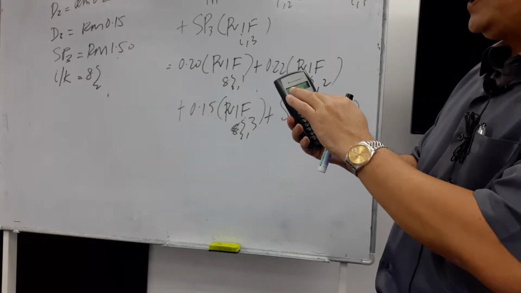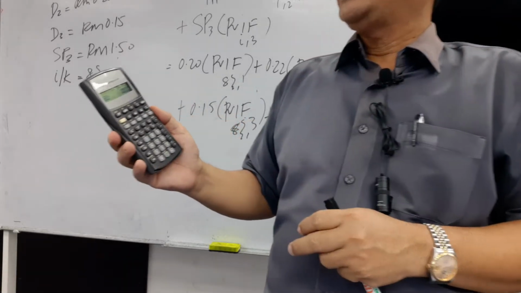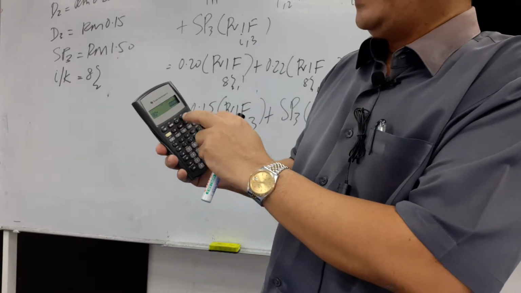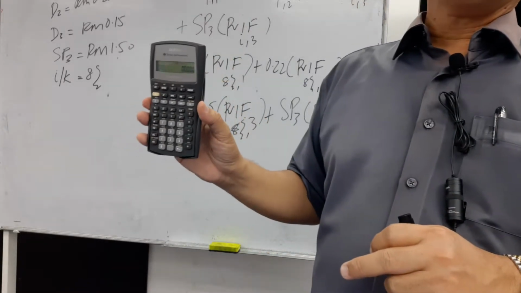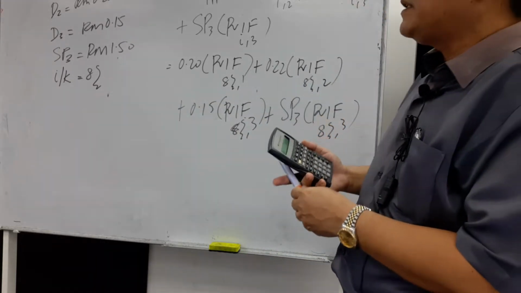Push enter, then the downward arrow, frequency is 1, push enter, and then the arrow again to C3.